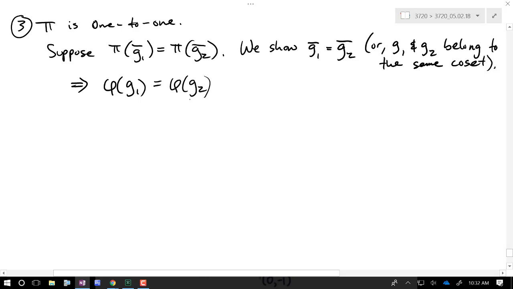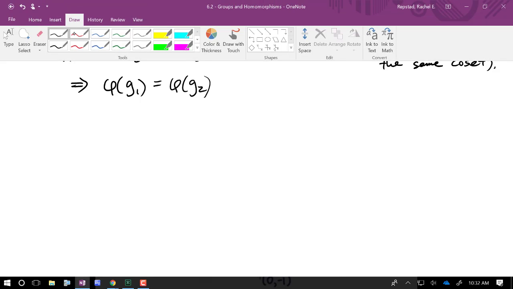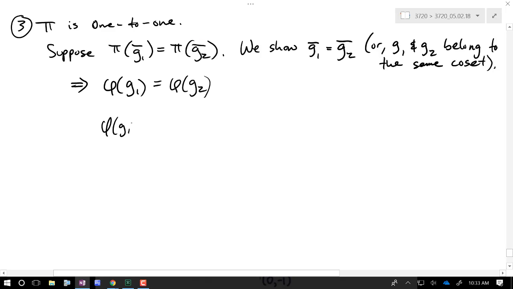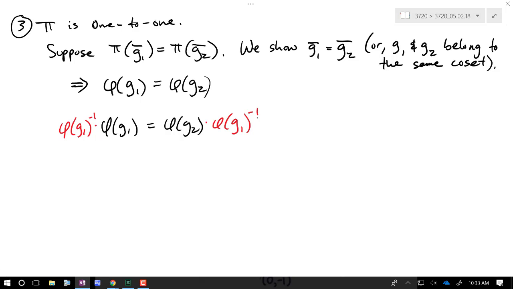So next, let's zap both sides by the inverse of phi of G1. What do we get on the left side?